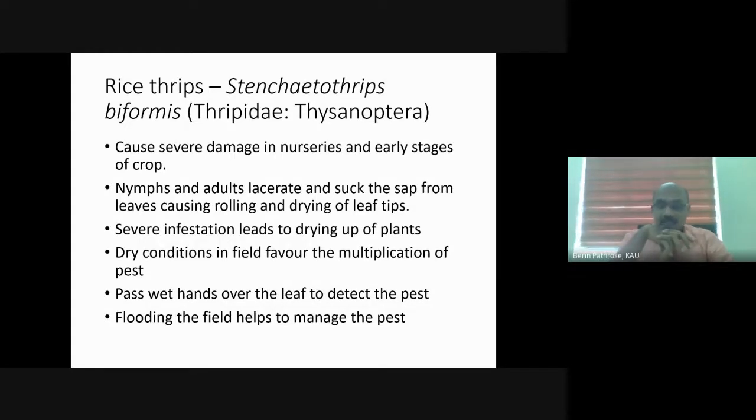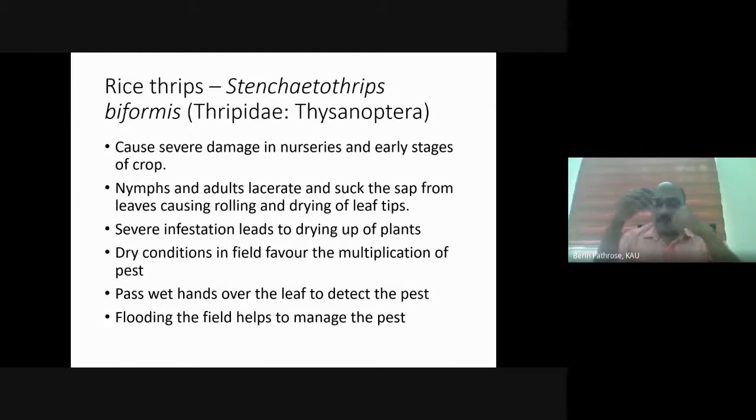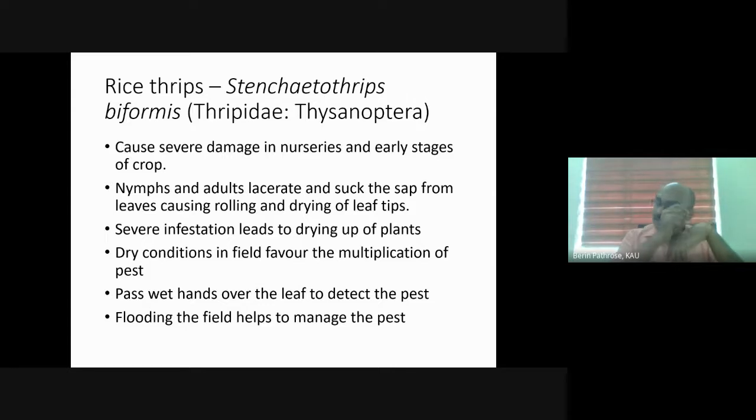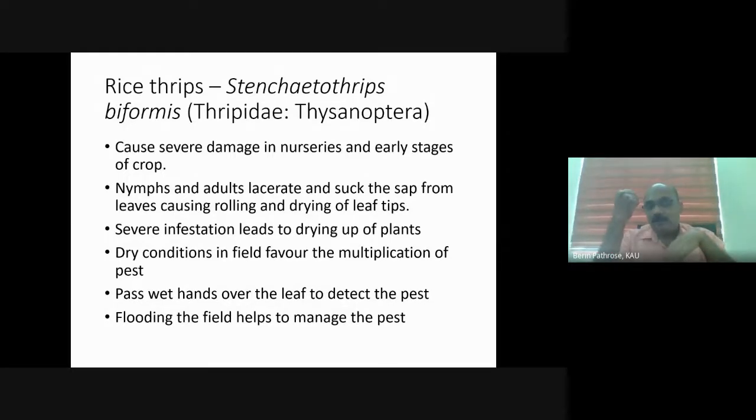So it's an early stage pest, and as you all know, the mouth parts are rasping and sucking type. Thrips have rasping and sucking kind of mouth parts, and with that they scrape the leaf, and because of the scraping, sap will exude from that tissue, and that sap will be sucked up by the insects.